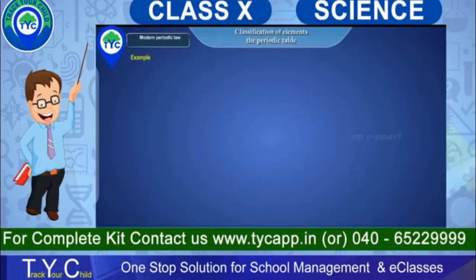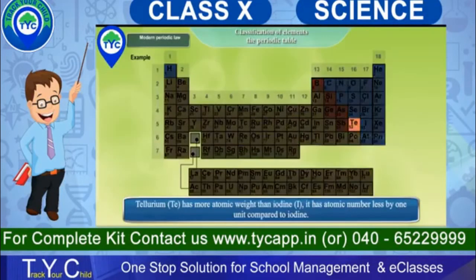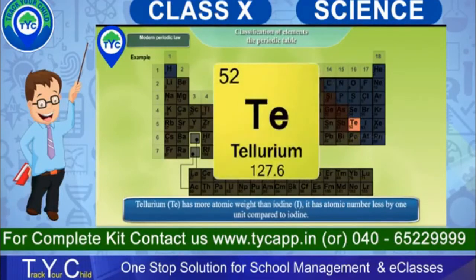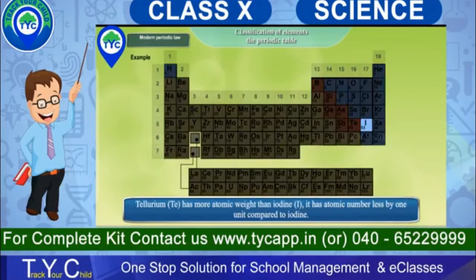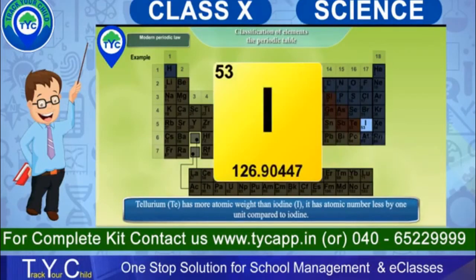Example: tellurium, Te, has more atomic weight than iodine, I. It has atomic number less by 1 unit compared to iodine. The periodic law is changed from atomic weight concept to atomic number concept, and now it is called the modern periodic law.